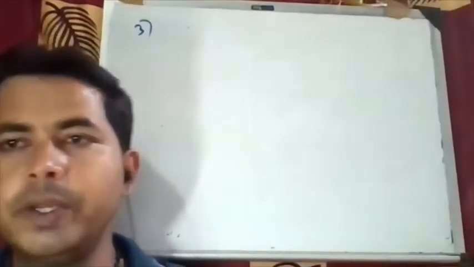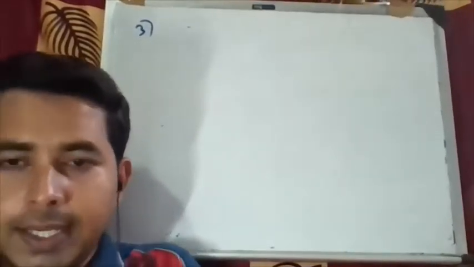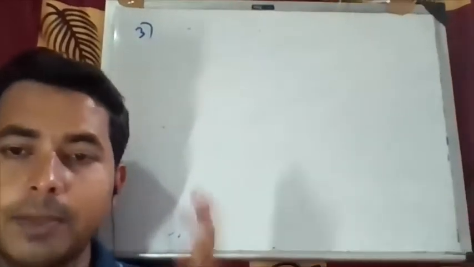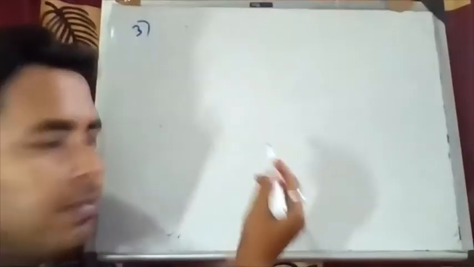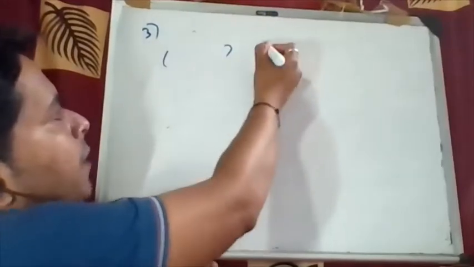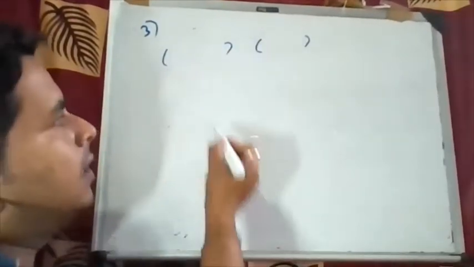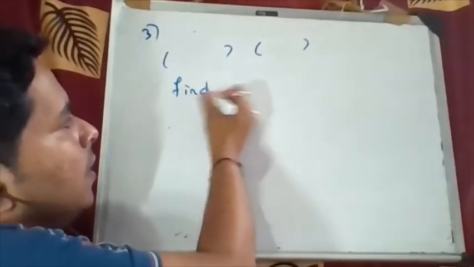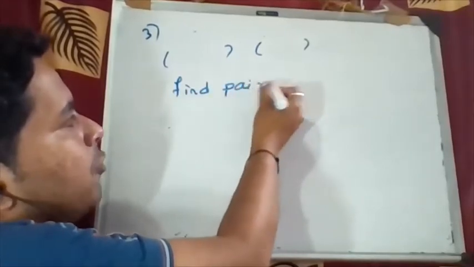Okay, now see here, while solving we got two groups. Sometimes they'll ask to find the pairs. Now when we solved, we got two pairs. So sometimes they'll ask to find the pairs. How many pairs will you get if you solve like this?